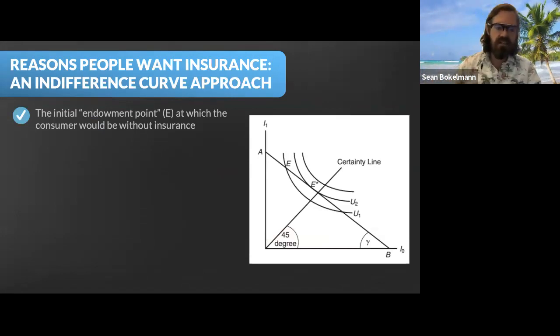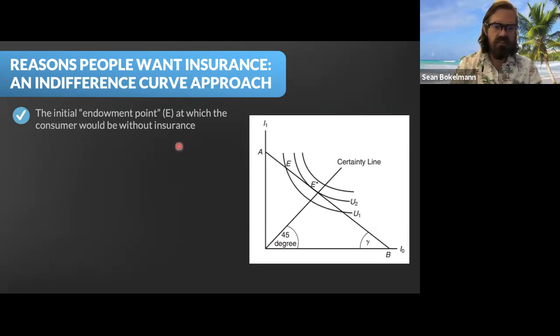So basically, like normal, we have two goods on the axes, right? On the x-axis, we have income in the bad state. And on the y-axis, we have income in the good state. And then there's a budget line, right? The consumer can basically shift their income between these two states using the insurance.